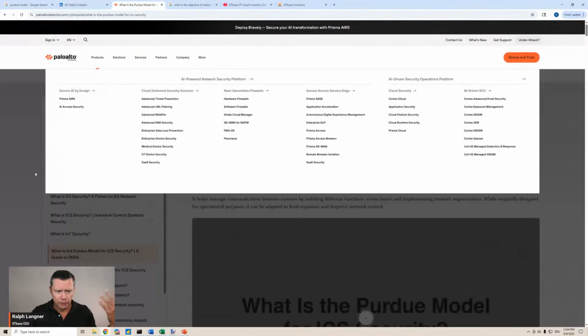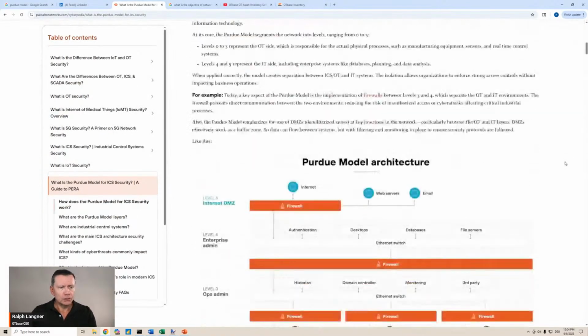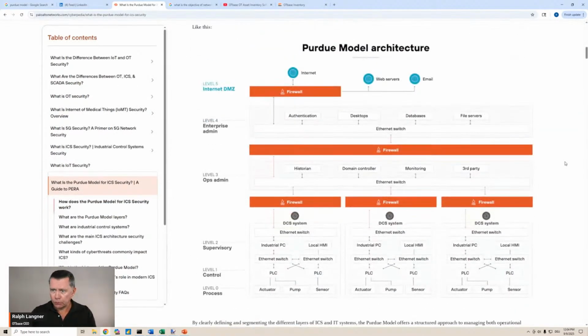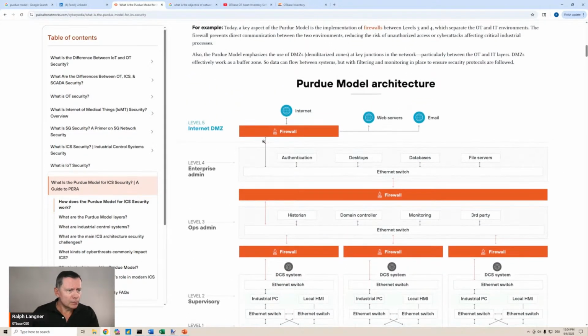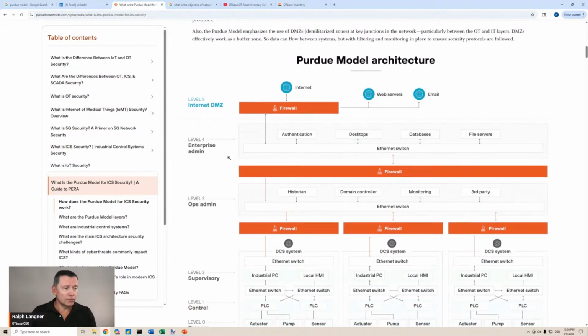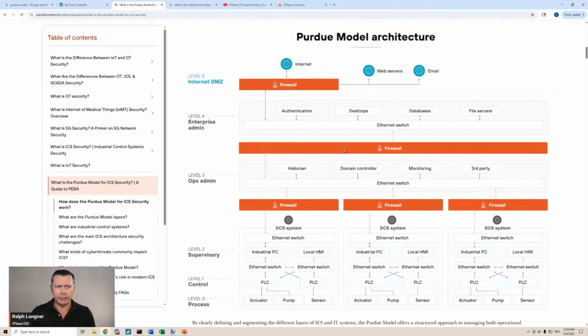Now, if I just pick another model, this time by Palo Alto, and we're going to focus on this particular one a little bit longer, guess what? That's totally different. So their level 5 is the internet DMZ. Level 4 is enterprise administration. Level 3 is ops admin. So how is that?